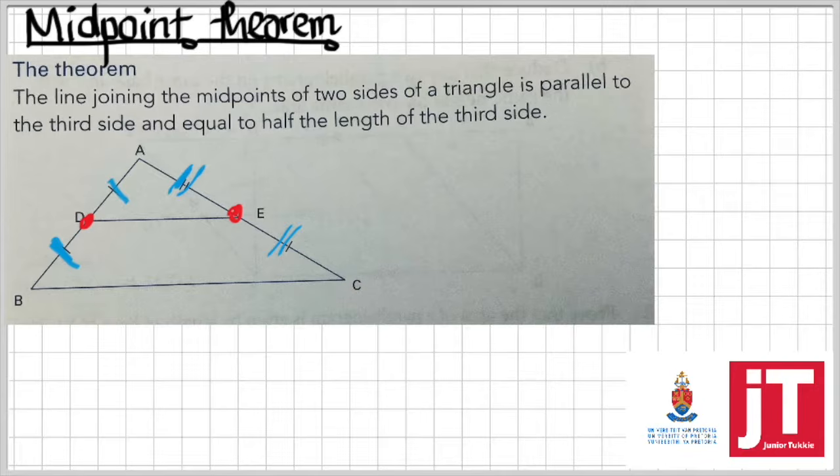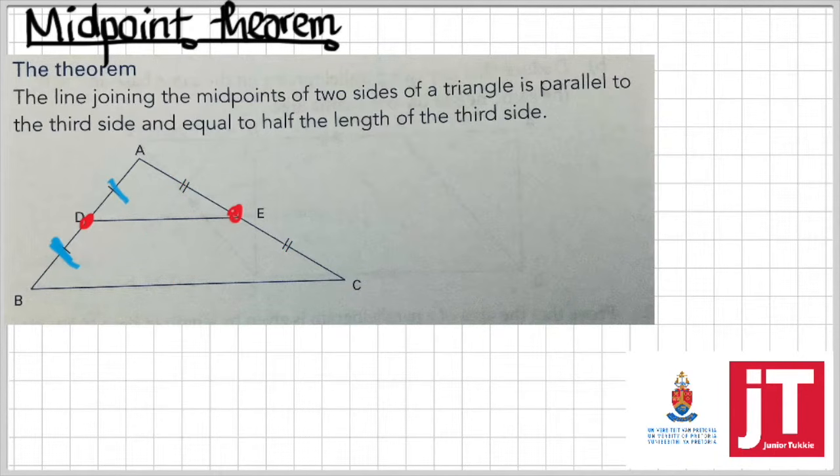It follows that the line DE has to be parallel to the line BC. And also, we know that the line DE, which is that line over there, has to be half in length of that line BC. So that's what the theorem states in detail.